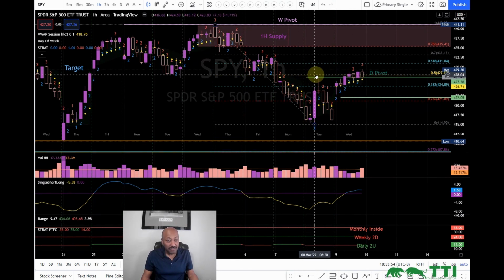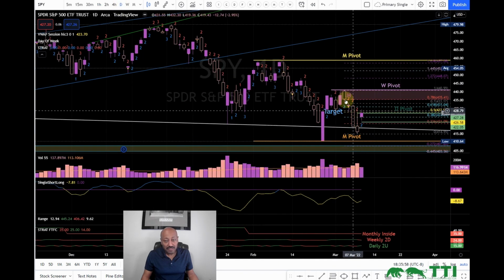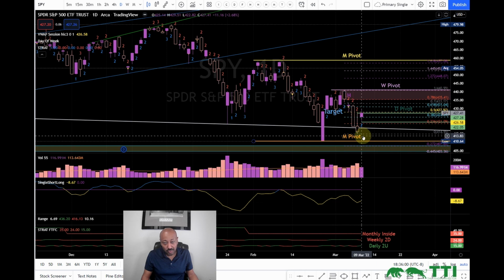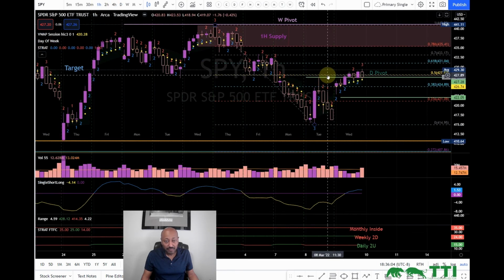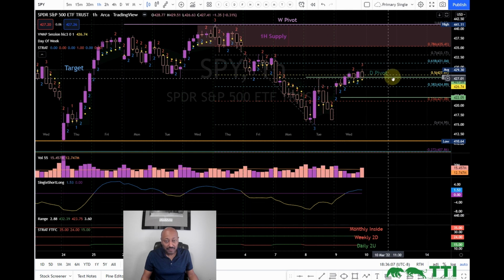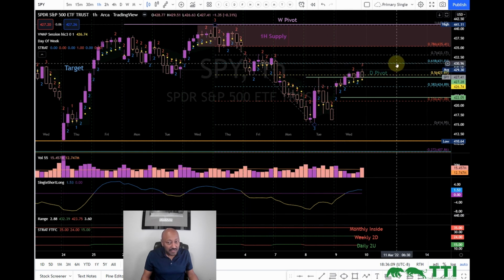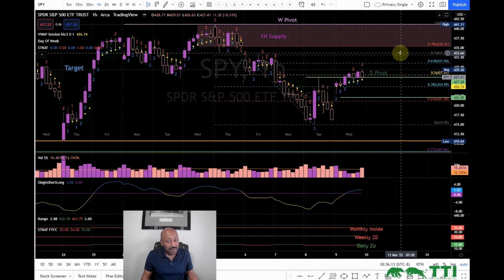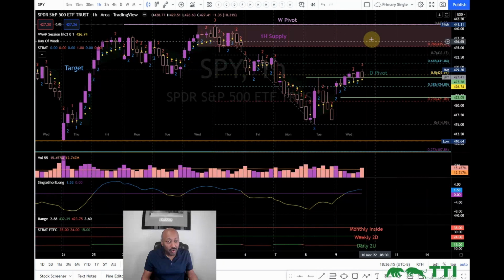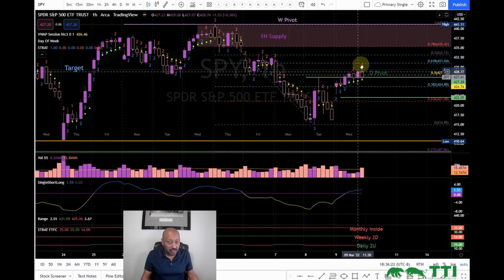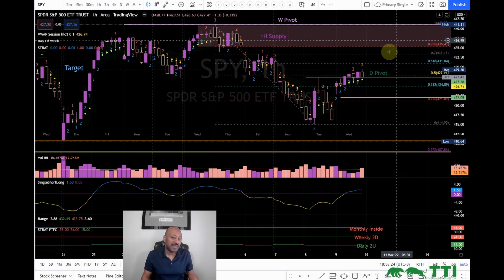We are at the 50% retracement on the daily basis from the recent swing high to low. We're playing around that 50%. Is 61.8 a strong resistance? Is it 70%? Is it 78.6? All of these are problem areas. That's why we are careful in these positions. It could reverse at any of these levels.